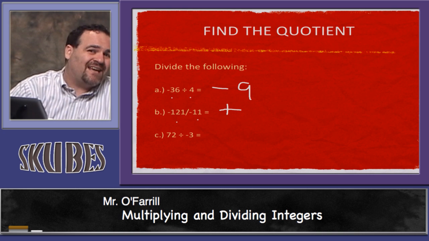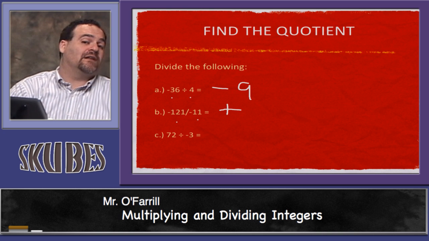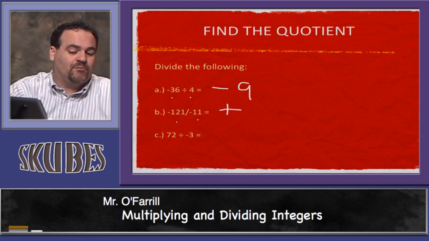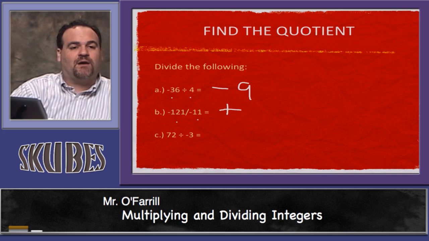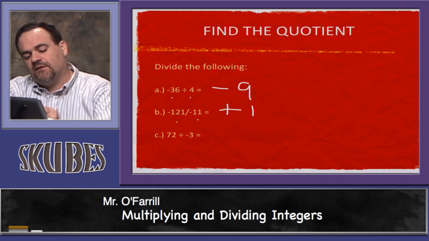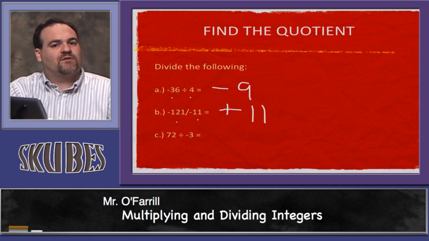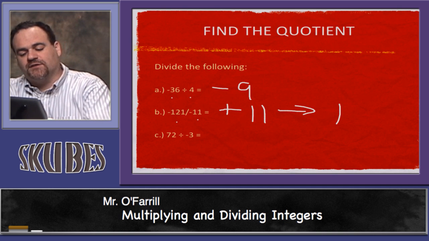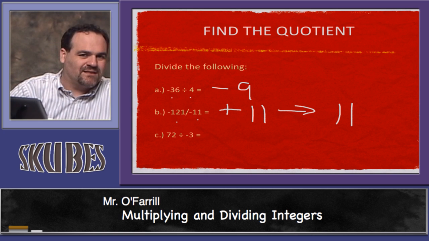In fact, it's technically okay to even leave that in your final answer, but depending on who's asking the question, they might want you to clean that up a little bit. So we know the answer is positive. 121 divided by 11 is 11. So we know it's a positive 11, which I'm going to go ahead and clean up. It's just 11. We can get rid of that plus sign because it's unnecessary now.